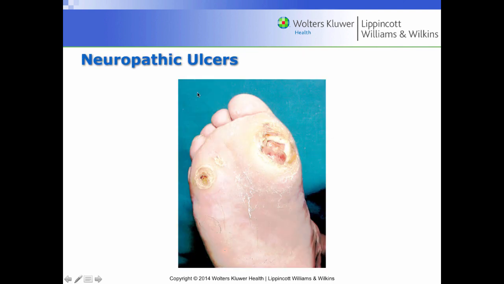So what we're looking at here is a really classic neuropathic ulcer. So with diabetes, a big issue is foot care. Okay, for individuals who have chronic diabetes, they're very vulnerable to this peripheral neuropathy, which means that the soles of their feet, their toes, they are not as sensitive.